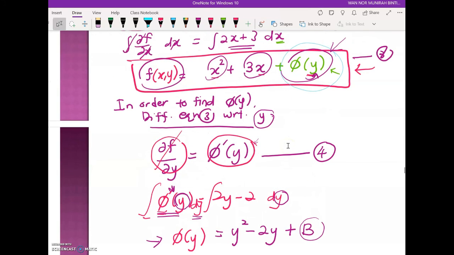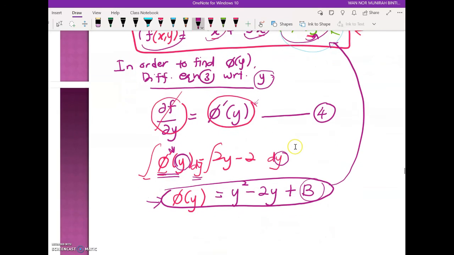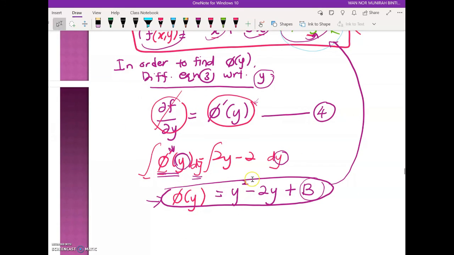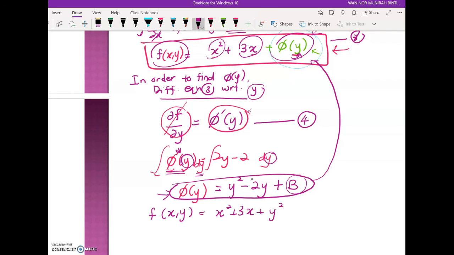So we already get the function phi(y), and then we can substitute it. When we substitute, we have the solution f(x, y) equals x squared plus 3x plus y squared minus 2y plus b. So this is our solution.